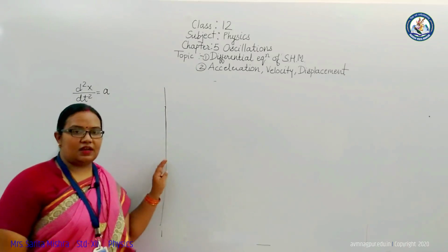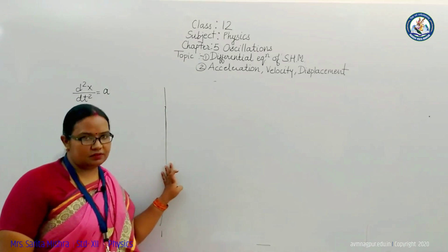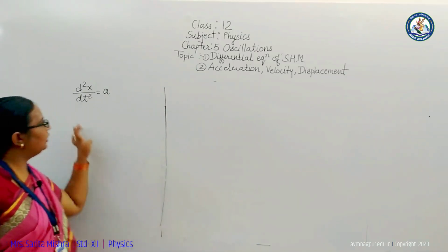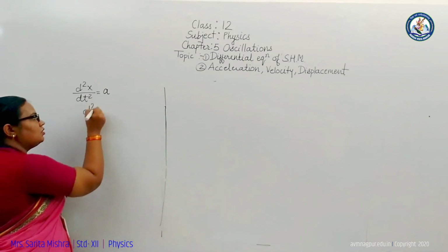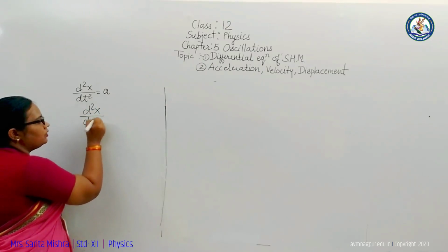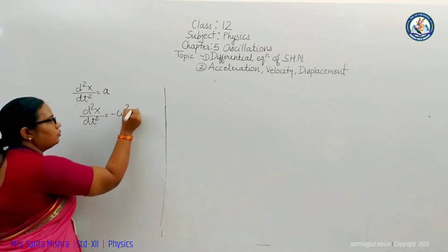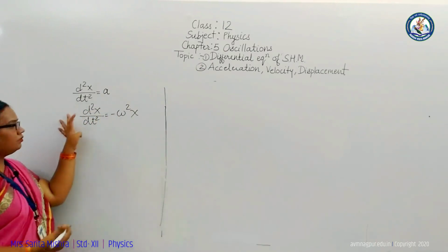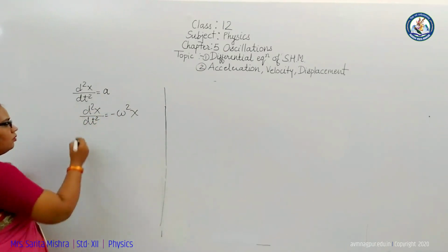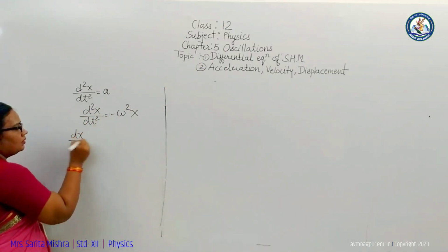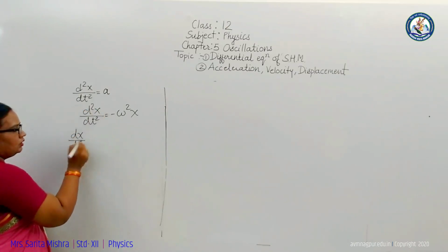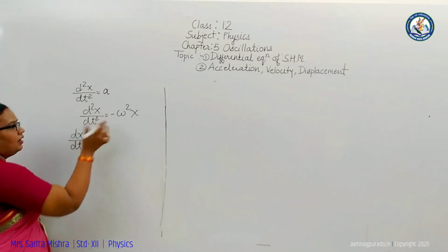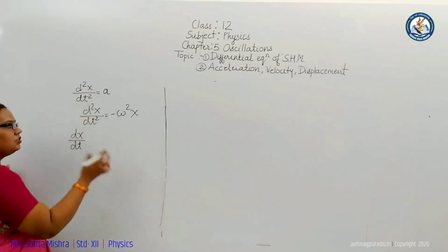Now let us derive the expression for the velocity of simple harmonic motion. As we know, d2x/dt² is acceleration, and using the differential equation of simple harmonic motion, d2x/dt² equals minus omega square x. Now we can write the same expression in the form of dx/dt, which is the double differentiation. Here dx/dt means velocity, and acceleration is the rate of change of velocity.